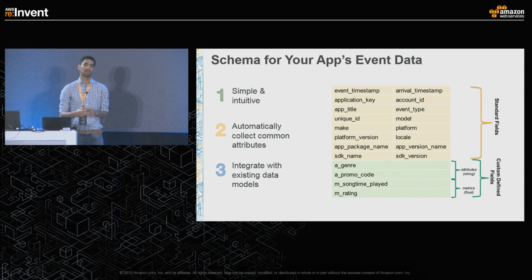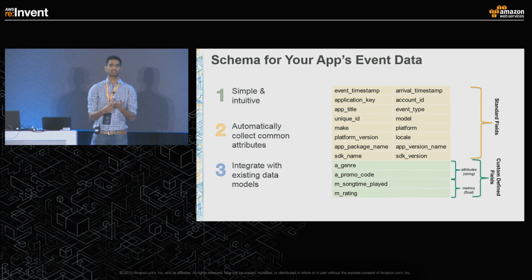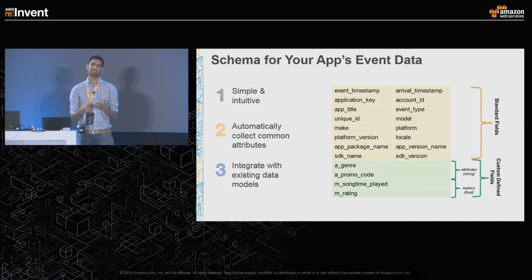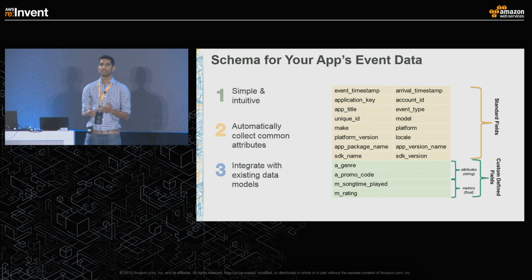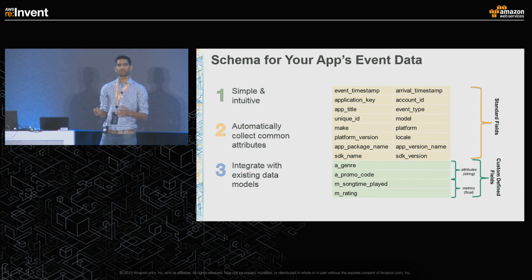Once you start exporting to Amazon Redshift, the schema is very simple and intuitive. We automatically export all of the standard events to Amazon Redshift. So standard events like which device the customer is using, or which locale the customer is using the app on, or what platform, what versions, all of the standard attributes will be exported automatically.